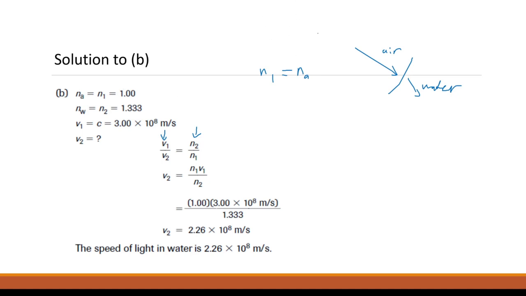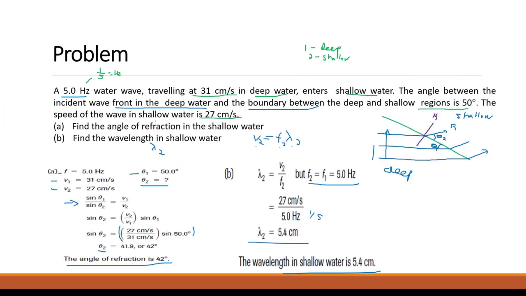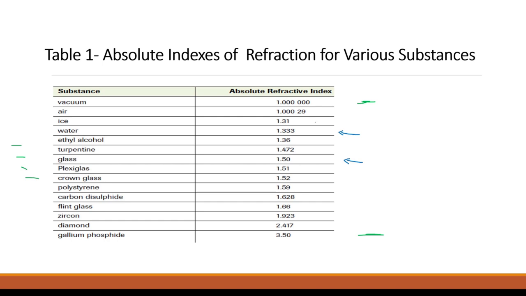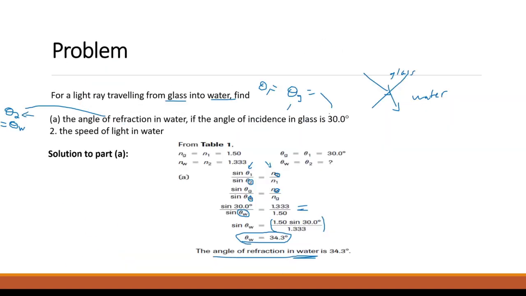So this would be our 1s, our 2s, and so our index of refraction is, we look up for air, it's almost 1.